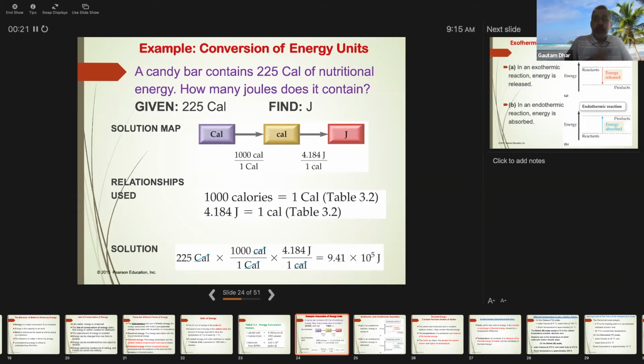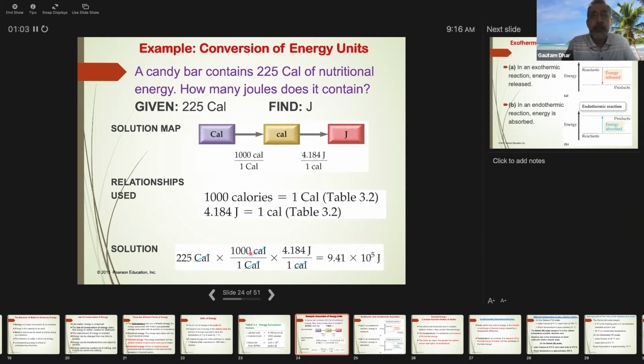Similar to what we did in the previous chapter, you are just converting the unit from big Cal to small cal and to joules, and each step has its own conversion factor. Follow the units: the previous units should cancel out and the final unit will remain.